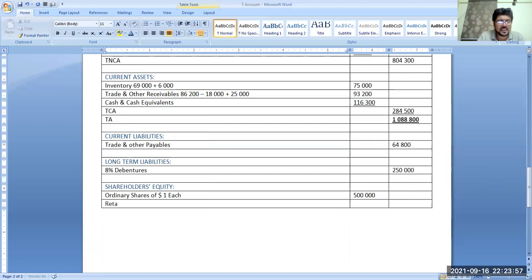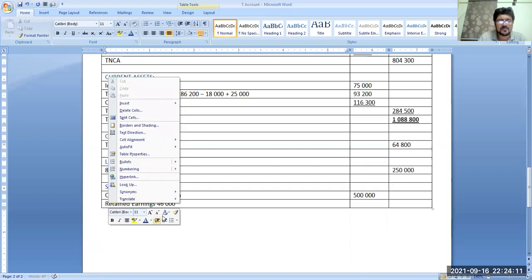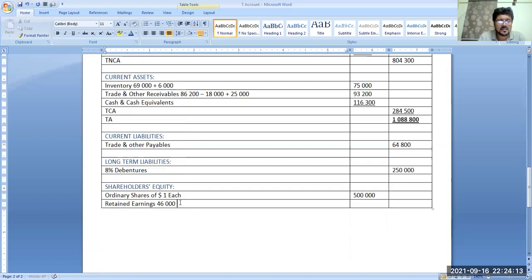Okay. Retained earnings is going to be affected by each and every adjustment. There were 3 adjustments. Retained earnings was how much? 46,000 minus 18,000 for irrecoverable debts. Getting my point clear? Okay.